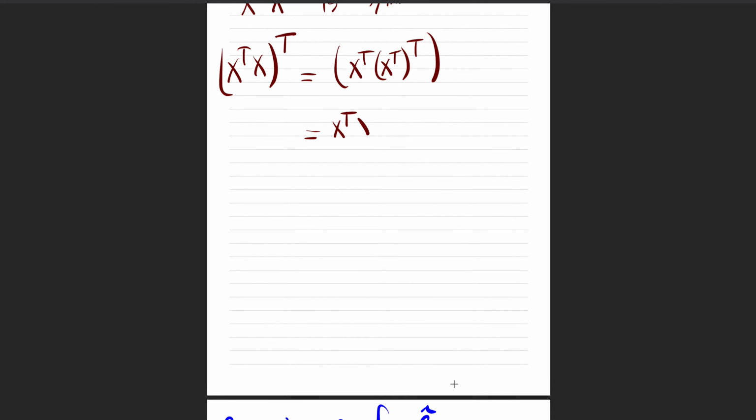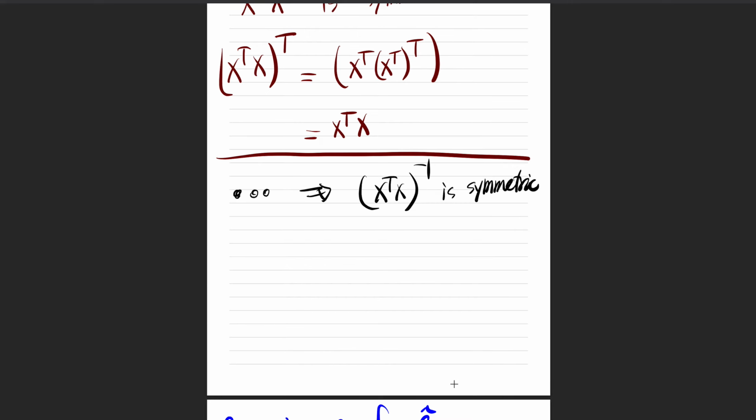On the other hand, in the same way we can say that X transpose X inverse is symmetric. The inverse of a symmetric matrix is symmetric. So therefore, X transpose X inverse, and then transposing this, is the same as X transpose X inverse.